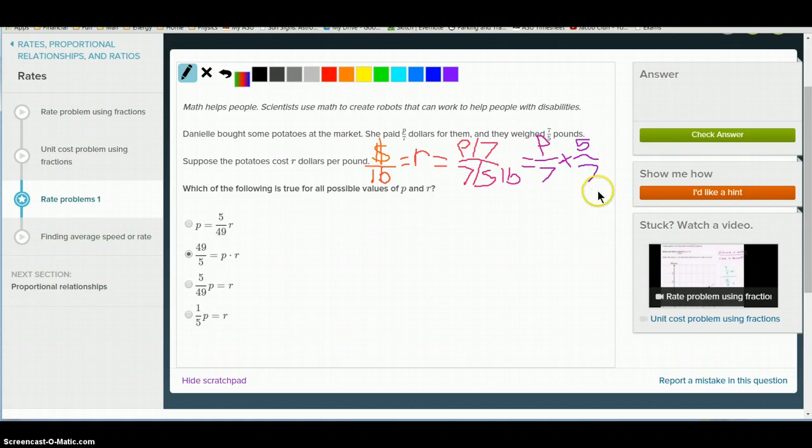Okay, and we simplify this a little bit. We're going to have R equals 5 over 7 times 7, which is 49. So 5 over 49p is equal to R. So we have this one down here, R equals 5 over 49p.